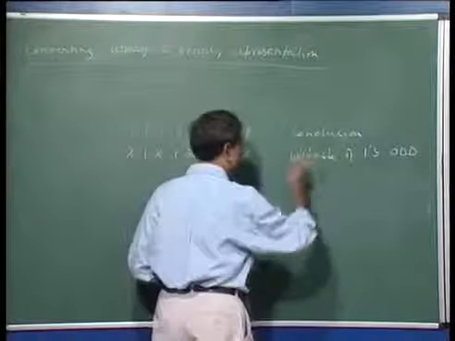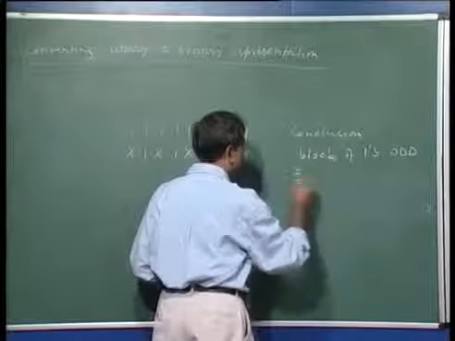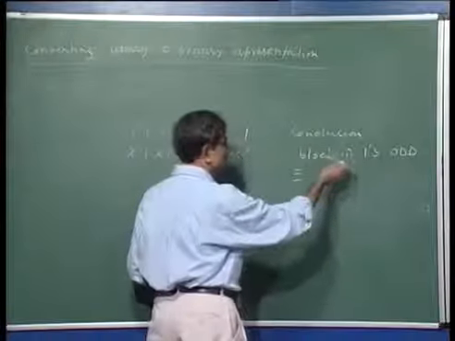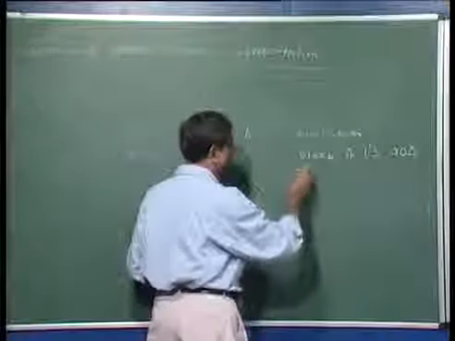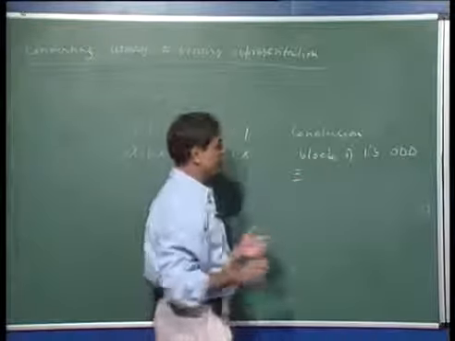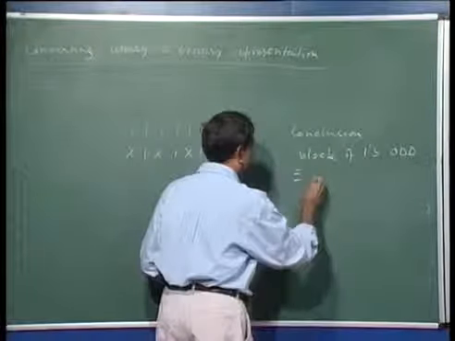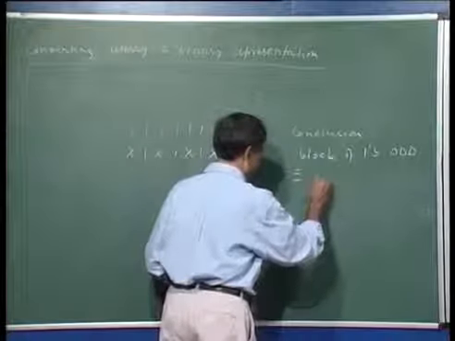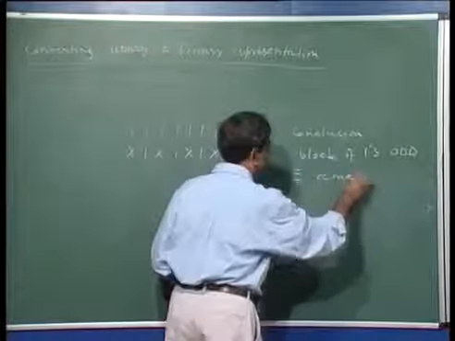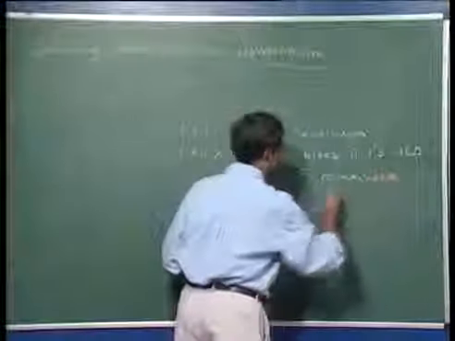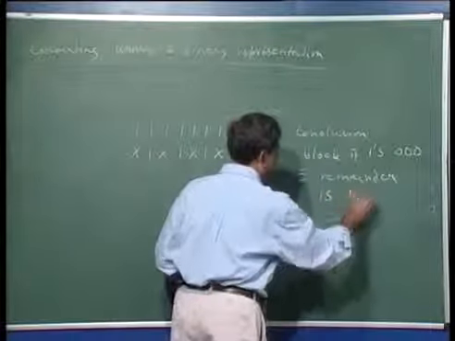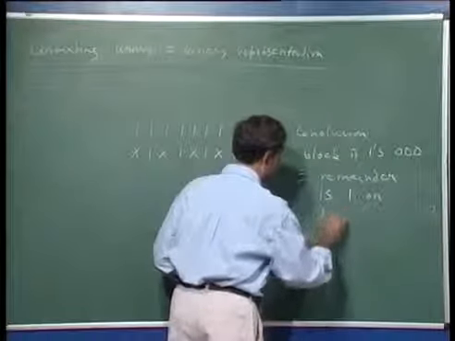So, the conclusion that the original block of ones is odd is equivalent to the remainder being 1 on division by 2.